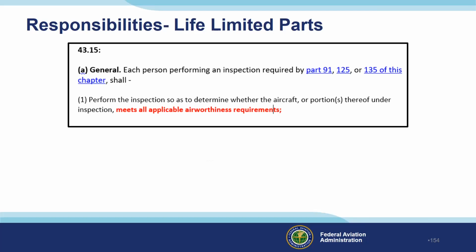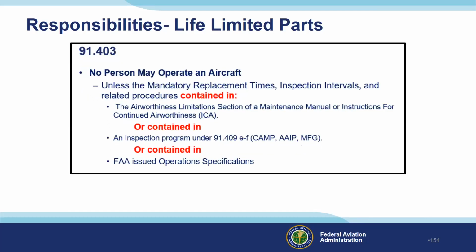So 43.15, remember that it has to meet all applicable airworthiness requirements if you're doing an inspection and returning it to service. And life limited parts would certainly be part of that.